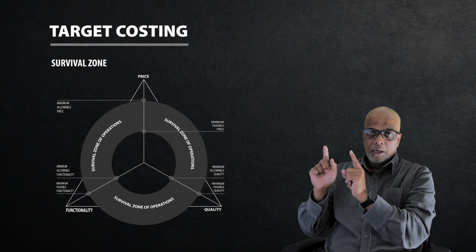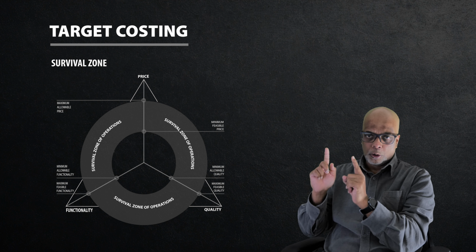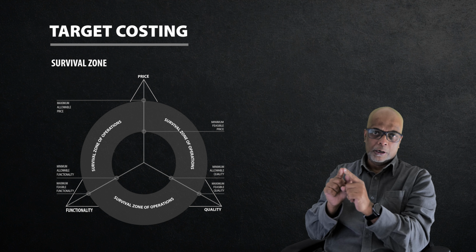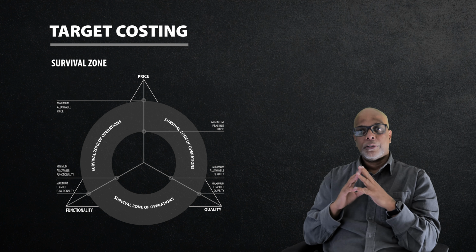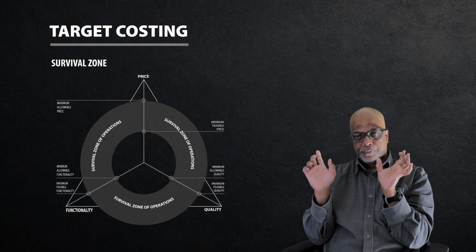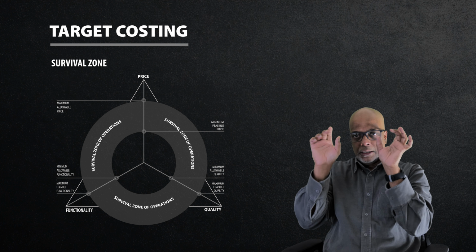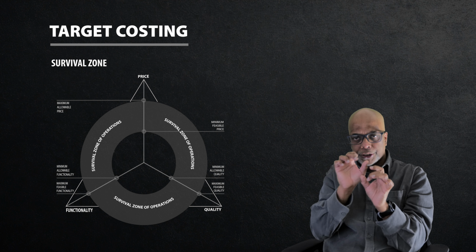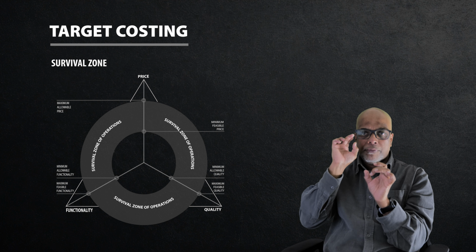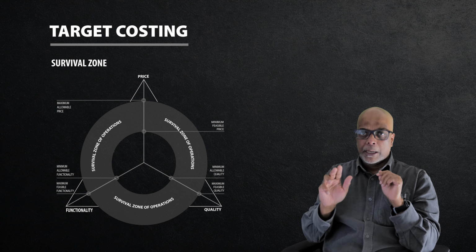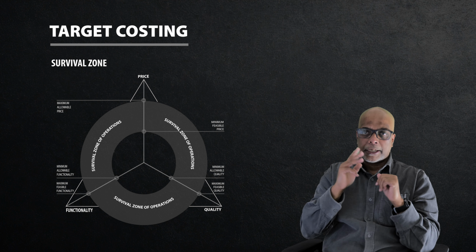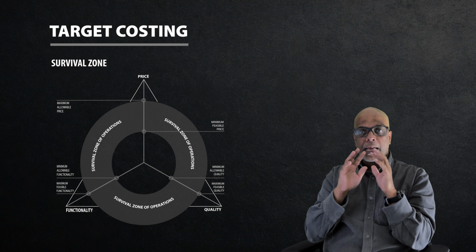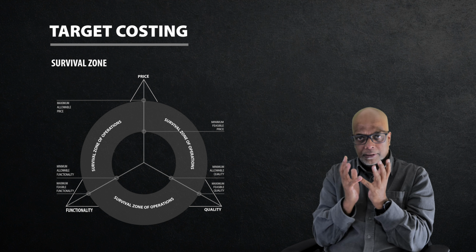And similarly, what should be the maximum level of quality that we can offer, and what should be the minimum level of quality that we have to offer? So the survival zone outlines the zone in which effectively the firm can operate in terms of three key strategic imperatives: price, quality, and functionality.